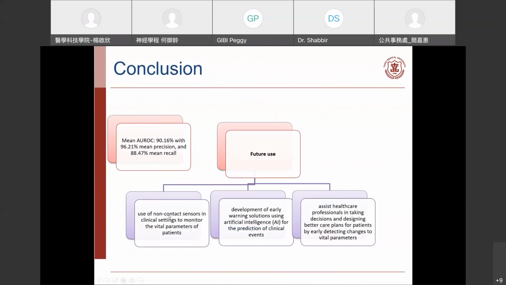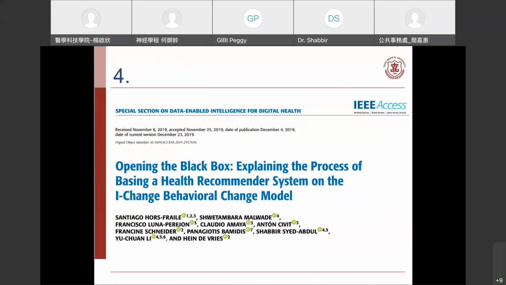We wanted to use non-contact sensors in clinical settings to monitor the vital parameters of patients, develop early warning solutions using artificial intelligence for prediction of clinical events, and assist healthcare professionals in taking decisions and designing better care for patients by early detecting chances of these clinical events.